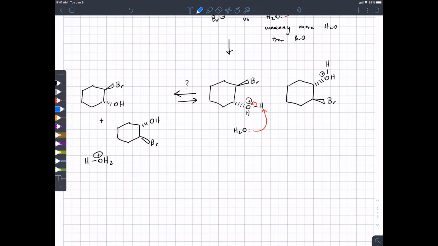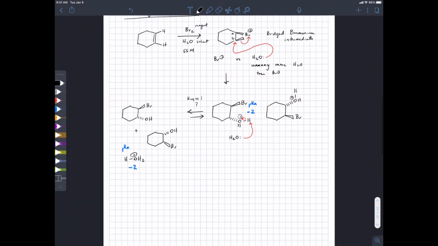A protonated alcohol has a pKa of -2, and H3O plus also has a pKa of -2. What that means is, all things being equal, we would expect this equilibrium constant to be close to 1. But we have way more water in solution than we have protonated alcohol, and that's going to push the reaction towards completion.